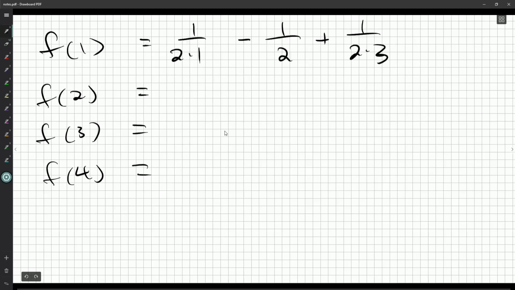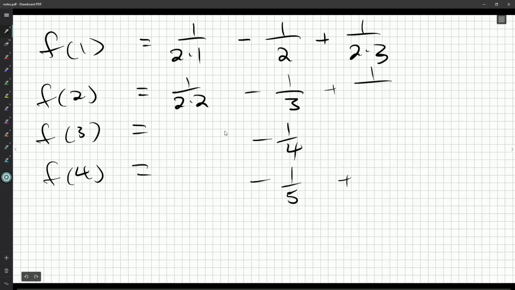Okay, and then what else can we have? Well, the next one will be 1 over 2 times 2, minus 1 over the middle term 3, so this should be minus 1 over 4, this should be minus 1 over 5. And then plus 1 over 2 times 4, plus 1 over 2 times 5, plus 1 over 2 times 6.